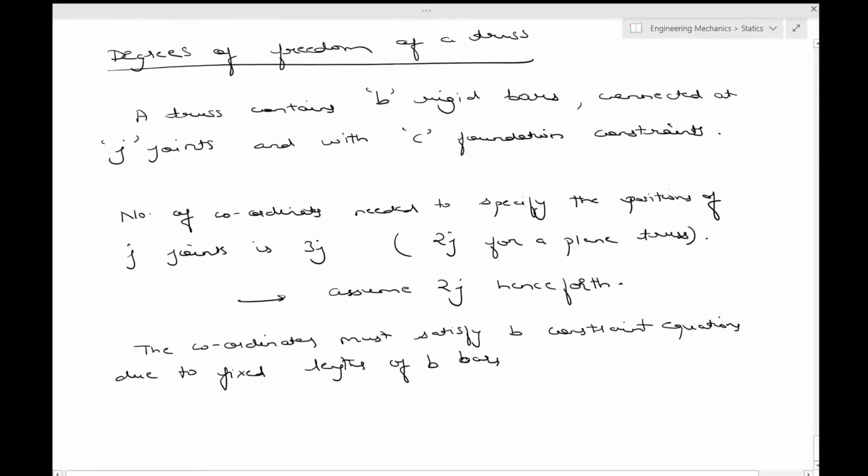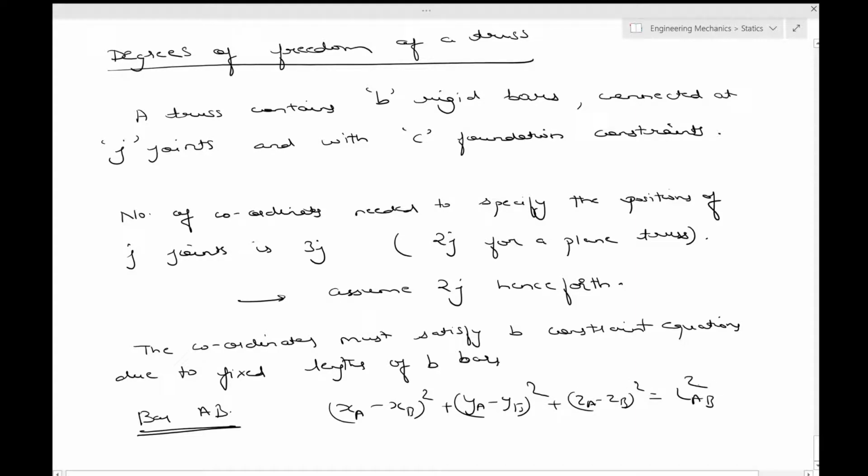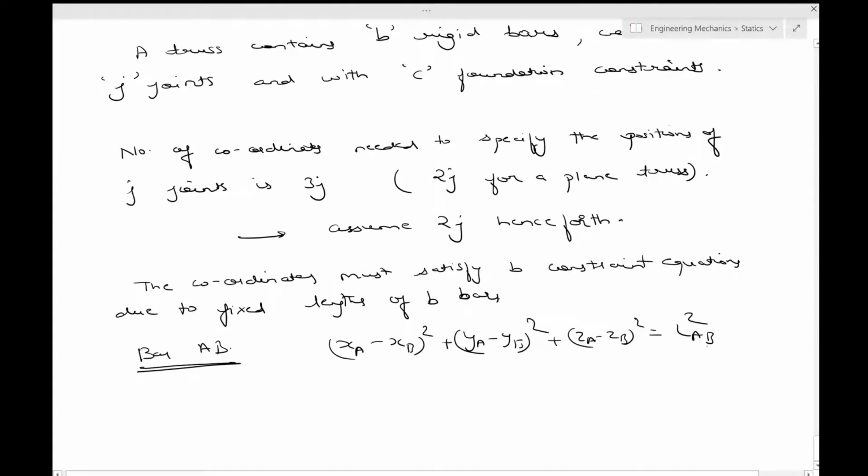So say if you have a bar AB, then what are the coordinates? Well, it should be xa minus xb whole square plus ya minus yb whole square plus za minus zb whole square is equal to the length of this bar. And C constraint equations.